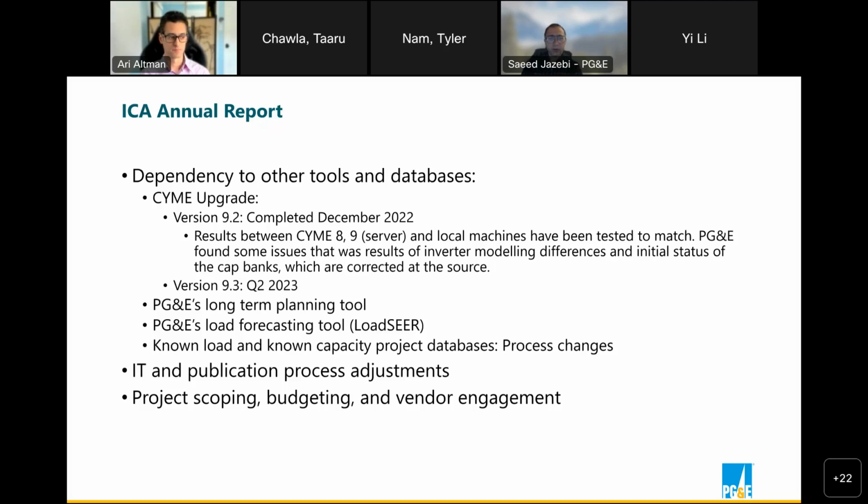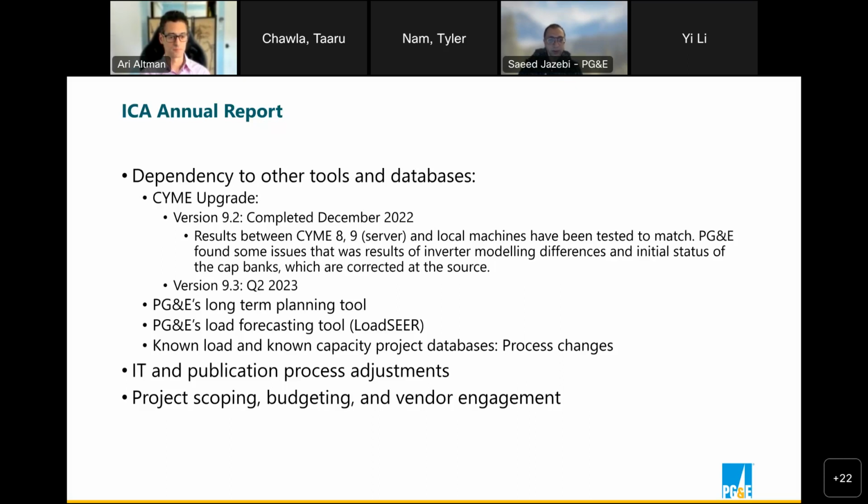We are also looking to go to the next version, SIME 9.3, in Q2 2023. This is critical for the next step because some of the features needed for our new ICA platform are also dependent on our long-term planning tool within PG&E, which should be implemented on top of SIME 9.3.